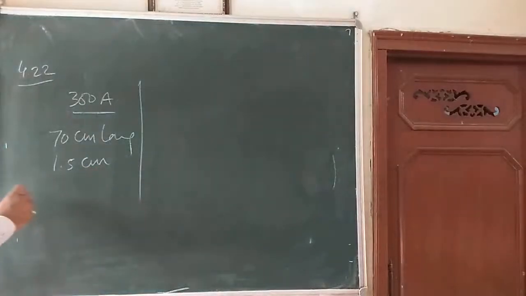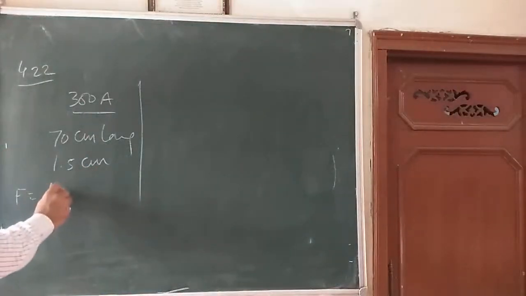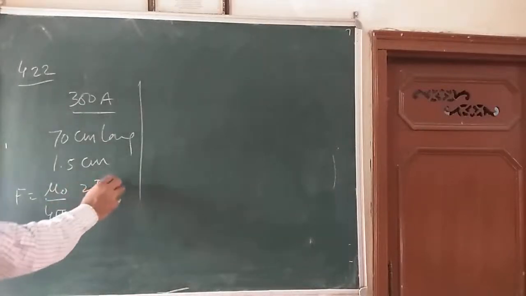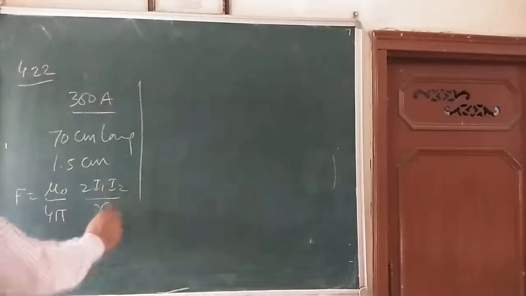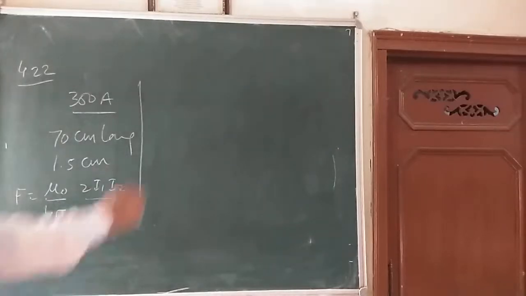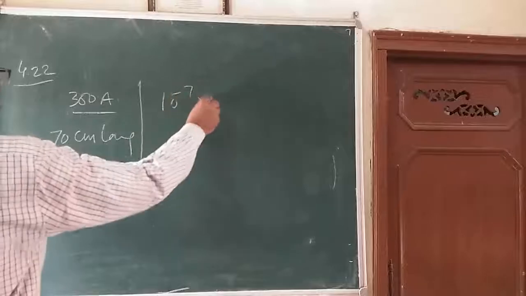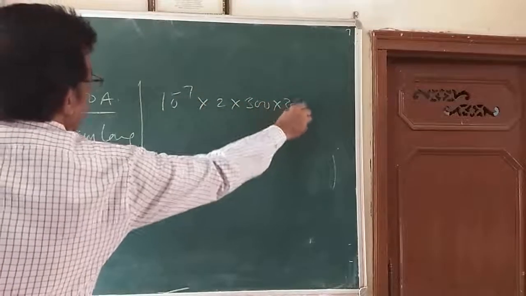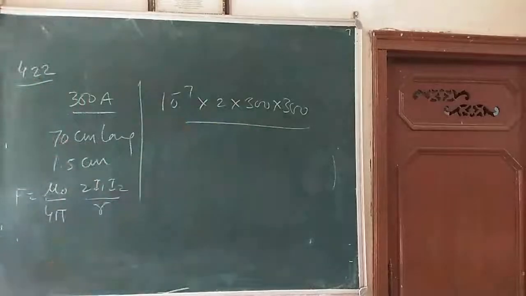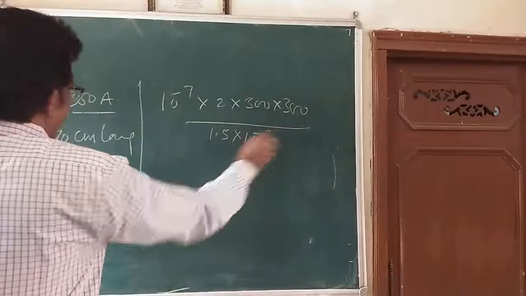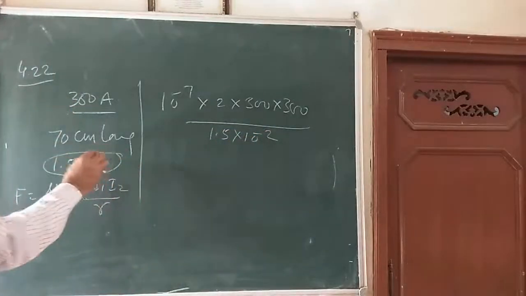Now, use the formula F is equal to mu naught upon 4 pi, that is twice of I1 I2 by R here. What is that? 10 raised to power minus 7 into 2 into 300 I1 into 300 I2 divided by R. That is 1.5 into 10 raised to power minus 2. Convert into meter, like this, by dividing by 100.